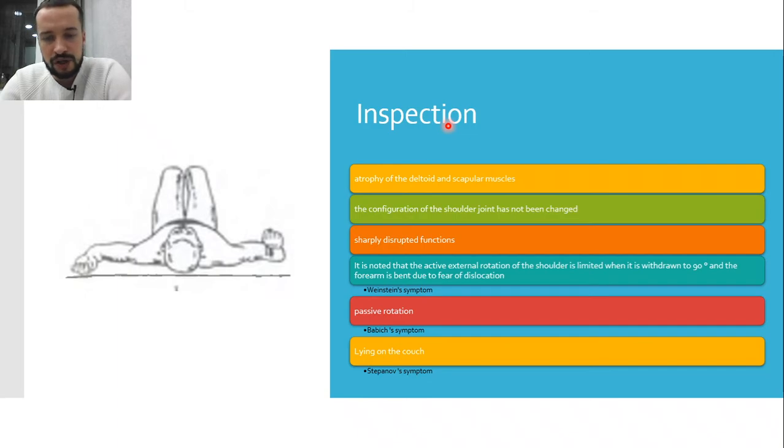We call it Weinstein symptom. Passive rotation in the same position, for the same reason, is Babbage symptom. Stepanov's symptom is positive; it is checked in the same way as Weinstein symptom, but with the difference that the patient is placed on a couch on his back, performing shoulder rotation.